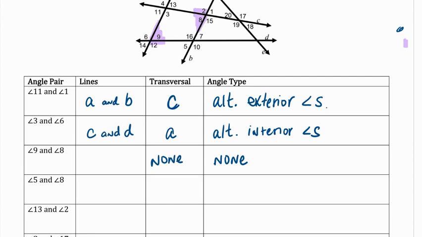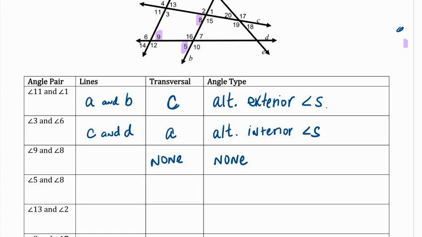All right, our next two is, let's see, angle 5 and angle 8. So we're keeping angle 8, but we're going to switch to angle 5. So there's our angle 8 again. We'll get rid of 9. And there's angle 5, right? I can't get that 9 to erase. Okay, well, we'll ignore the 9.